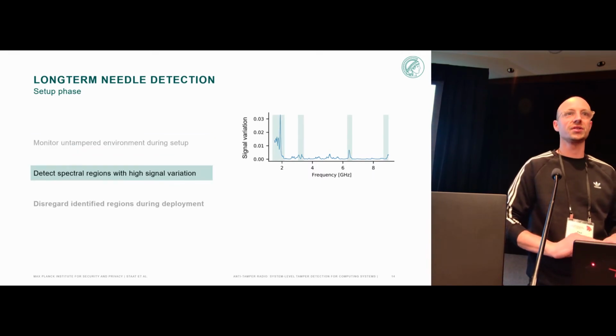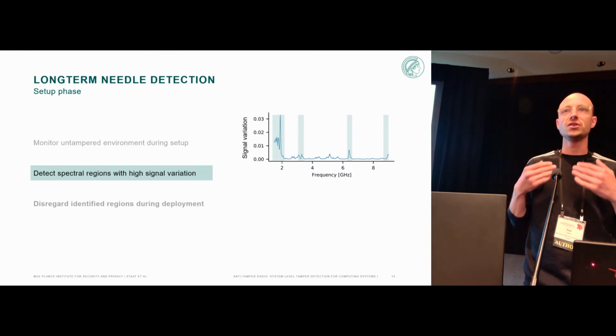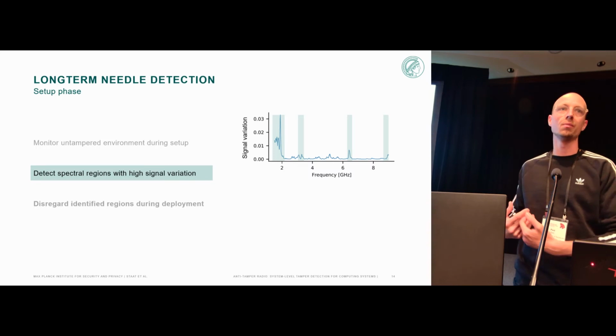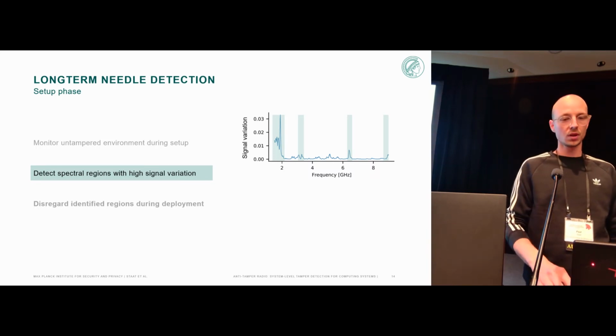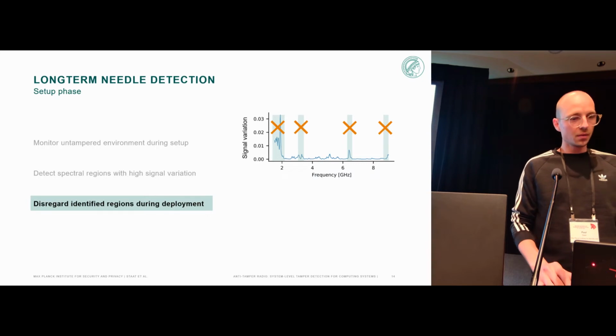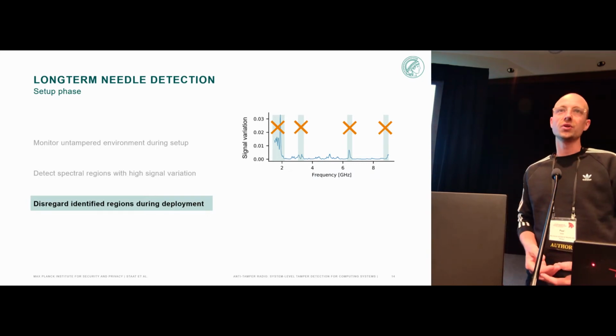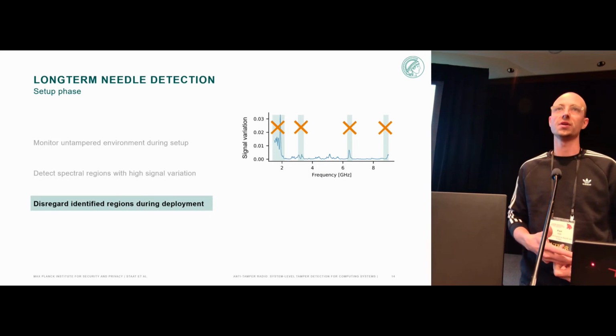This is during the setup phase, where we look at how the ATR response of the radio measurement system behaves when there is no insertion of a needle, just because of the variation of the server. Then, after identification of these regions, we disregard them during the deployment of the ATR.